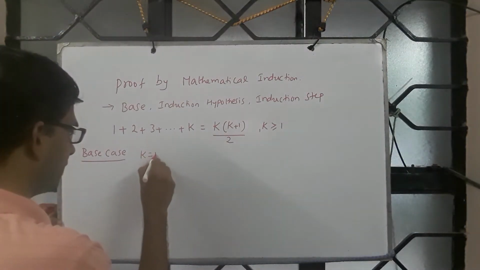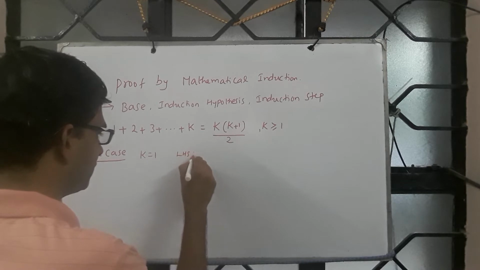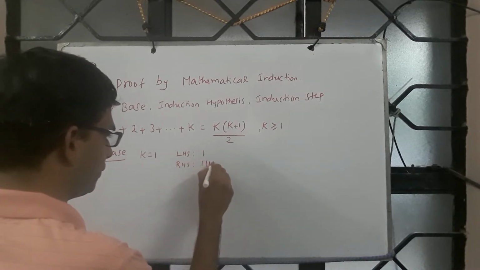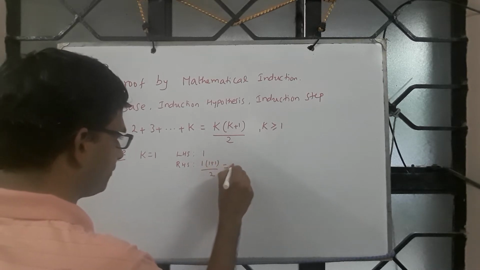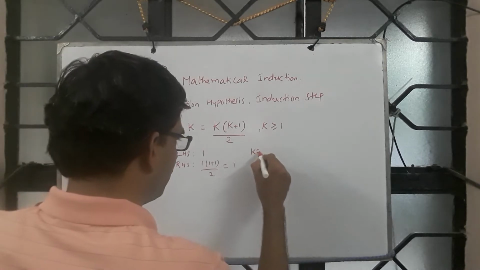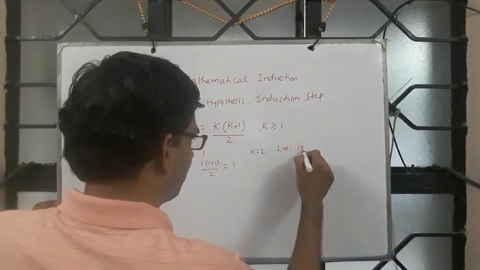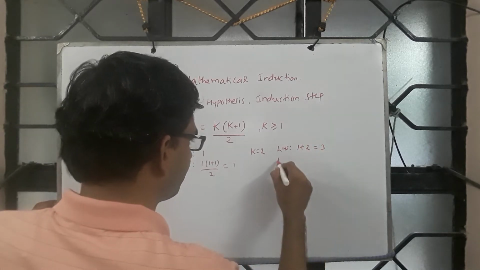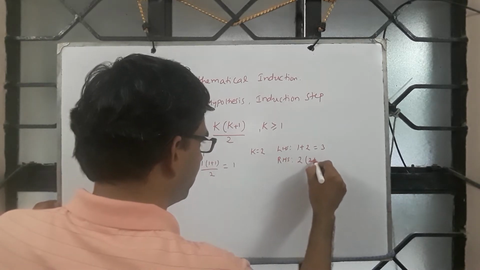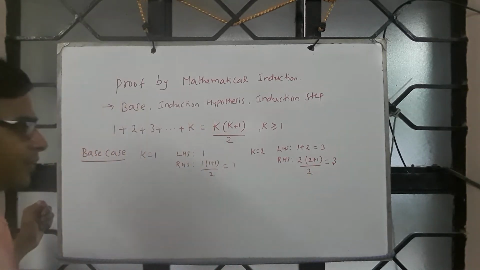So k is equal to 1. On the left, LHS is equal to 1, and RHS is 1 into 1 plus 1 by 2, which is 1. And when k is equal to 2, LHS is 1 plus 2, which is 3, and RHS is 2 into 2 plus 1 by 2, which is 3.